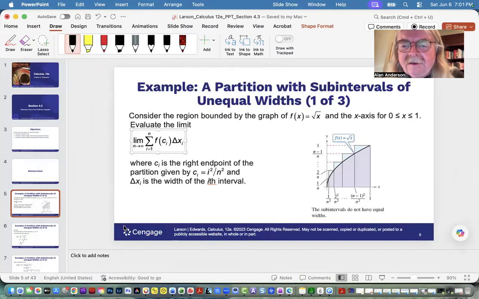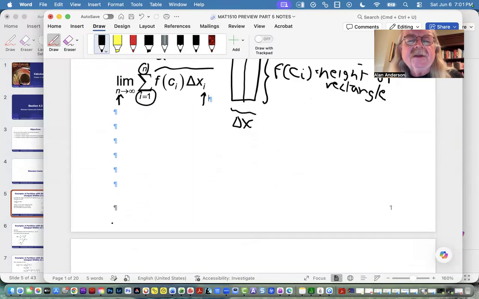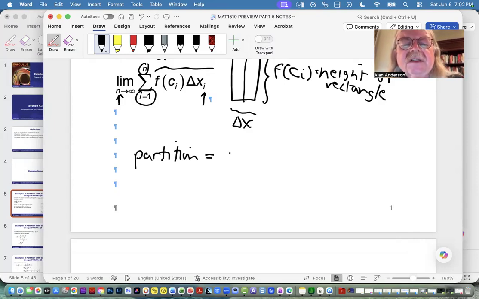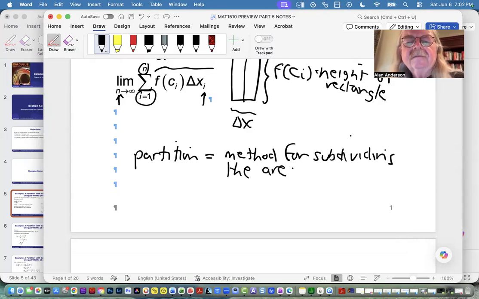Okay, so that's the setup. Now here they would like us to use, oh, by the way, they're using this key term here, partition. That essentially refers to the way the area under this curve is being approximated with rectangles. So in other words, this is the method for subdividing the area of interest, in this particular case, into rectangles.